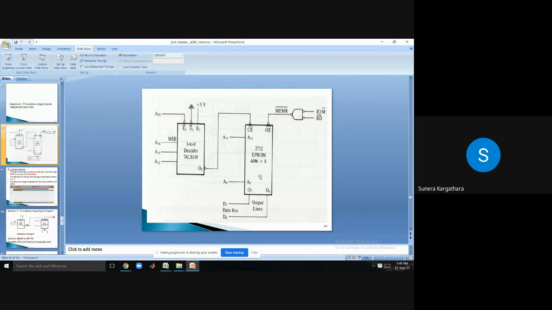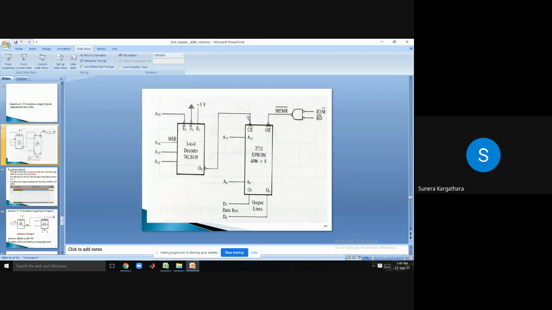Now suppose I want to interface a 4096 ROM with my microprocessor. It is EEPROM, obviously a kind of ROM. So accordingly, read bar and write bar, depending on RAM or ROM, you need to select. In the earlier example we discussed NAND logic that we used to select our chip.